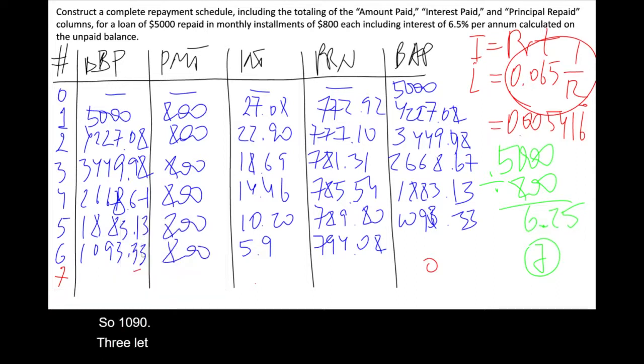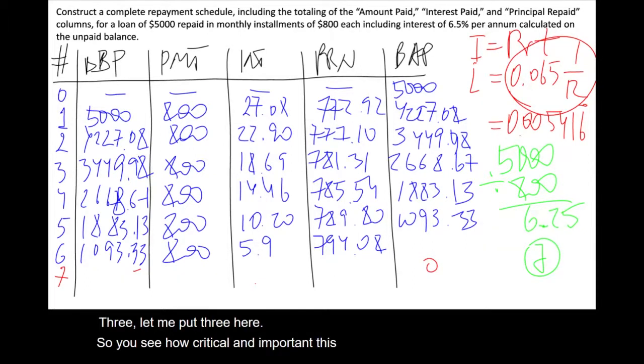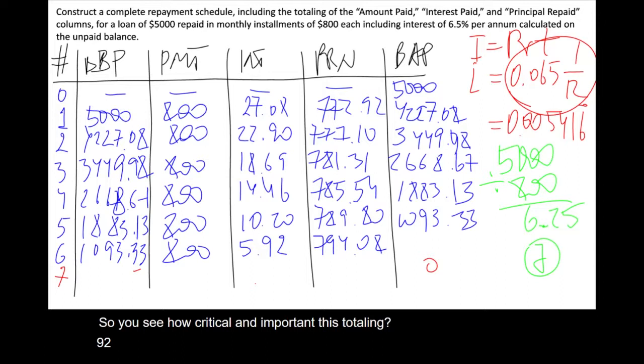Let me put 3 here. So you see how critical and important this totaling is. $5.92. 800 minus 592.